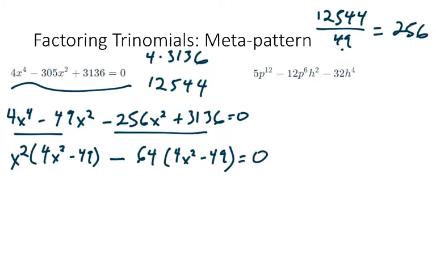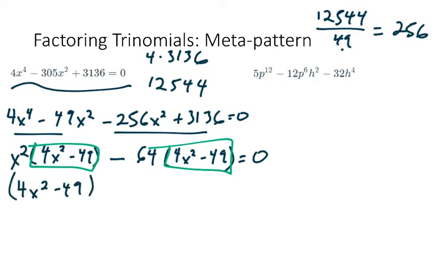Then, hey, there's this group and this one. I'm going to pull this out again. So I'm going to have a 4x squared minus 49 times an x squared minus 64. And hopefully we're noticing, again, difference of two squares.